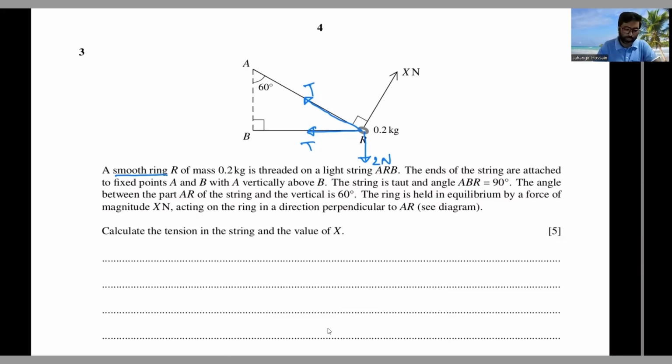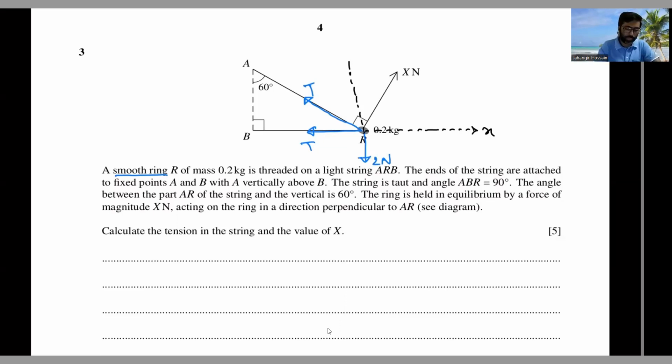Let's say the horizontal direction is the x-axis and the vertical direction is the y-axis. In that case, you need to resolve the tension in the segment AR and the applied force, because the other T, which is along BR, is horizontal and the weight is vertical.